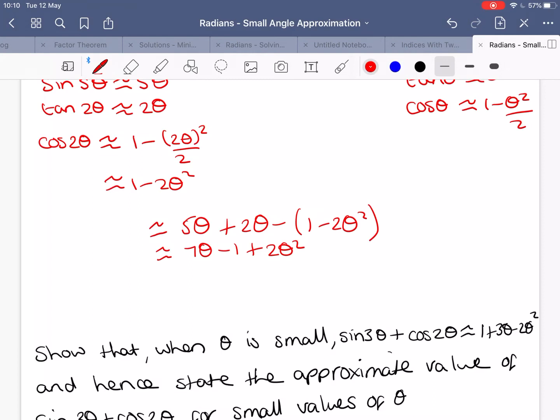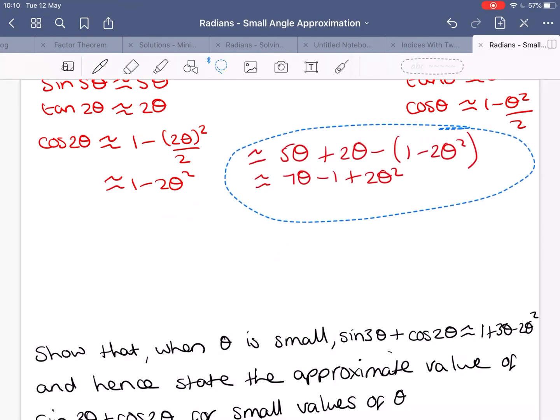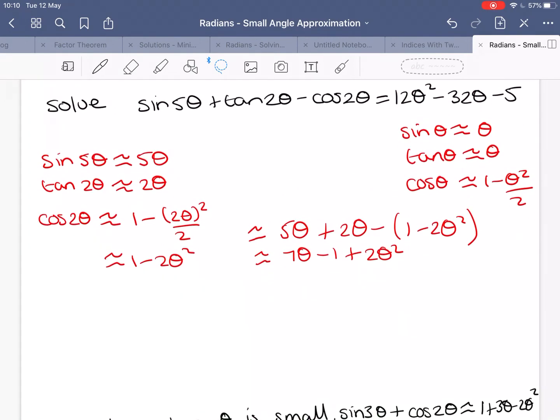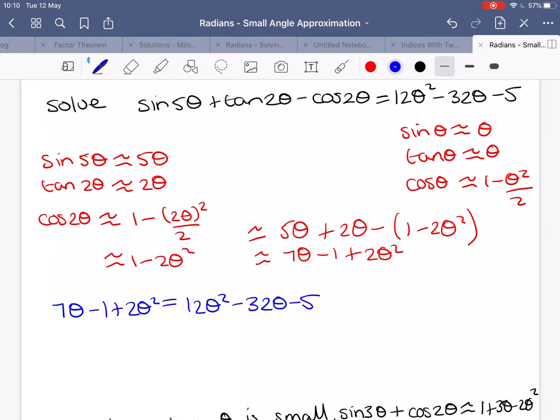Okay, right, so that's what my trig simplified to. But the second part said, hence solve this. So I know I'm going to use my small angle approximation. So 7 theta minus 1 plus 2 theta squared is equal to 12 theta squared minus 32 theta minus 5.